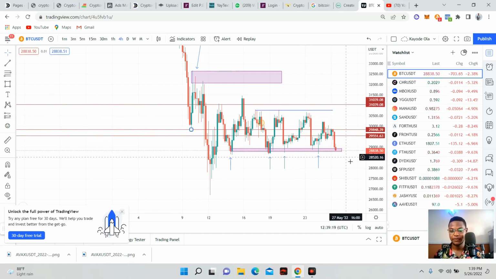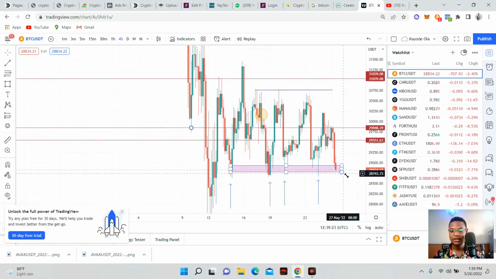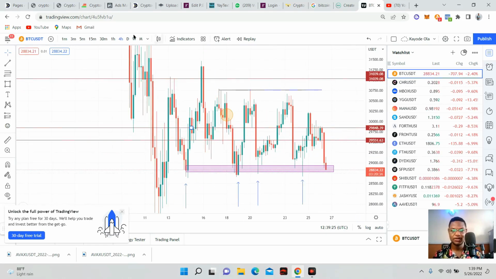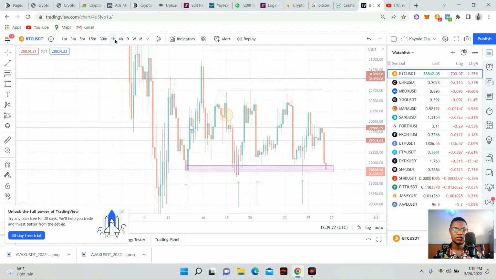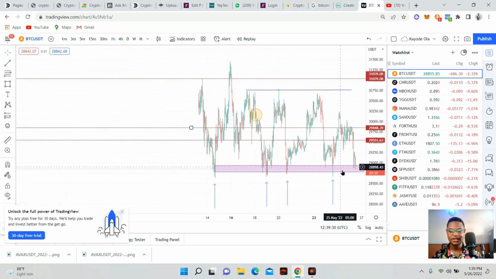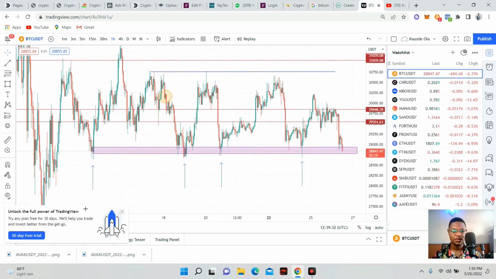All right. Now it might be like, but I can also buy the down part. Yes, because let's go to the 1 hour time frame. As you can see, the market has been bouncing off this area, bounced off from here, here, here, and likely bounced off again from here.